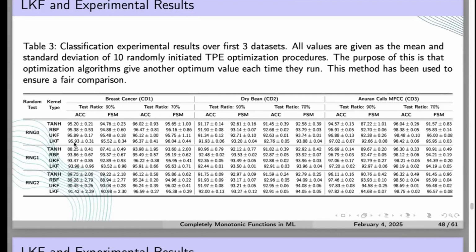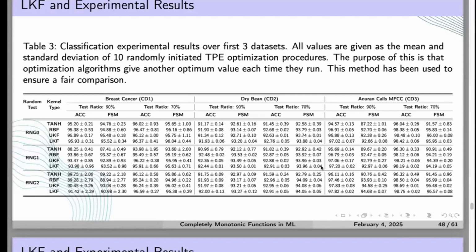For the first dataset, for the first random test part, we see that LKF is generally better. For example, here RBF passes LKF, and also at the 70% ratio RBF passes. But here LKF is better. Here LKF is better for all of them.